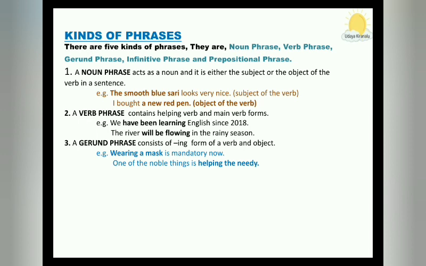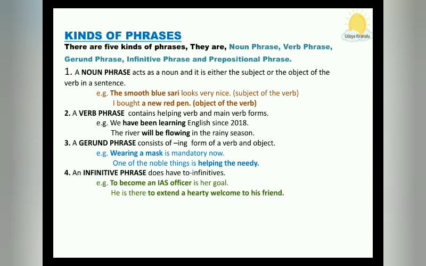Here, wearing a mask is a gerund phrase where V1 and ing added to that verb, and it has its own object, that is a mask. And the next example, one of the noble things is helping the needy. Here, helping the needy is a gerund phrase.